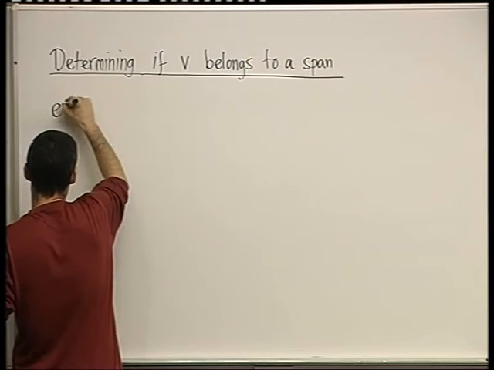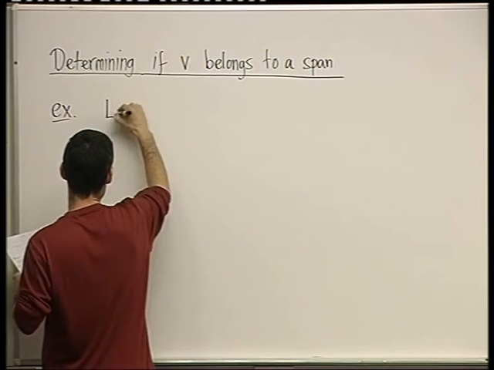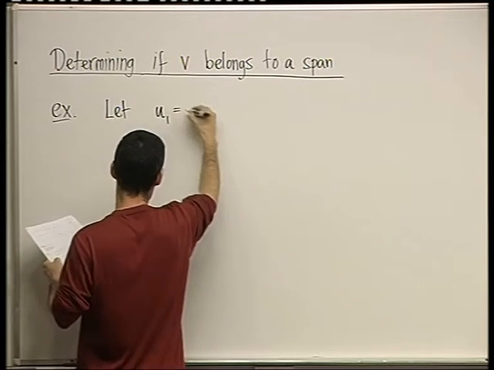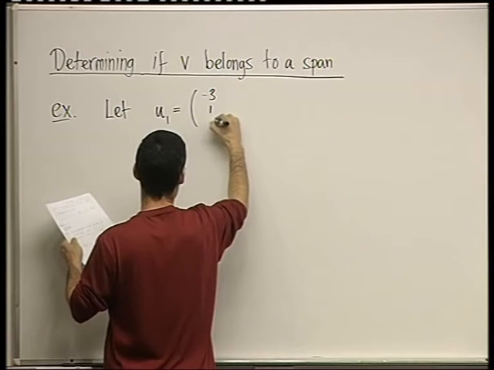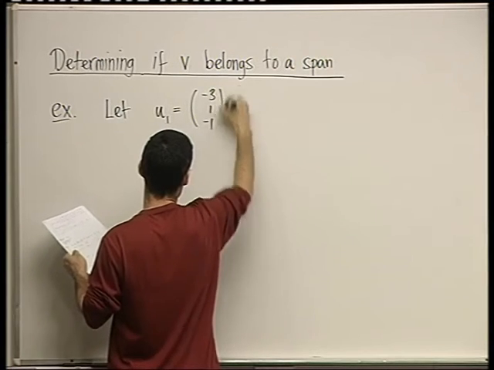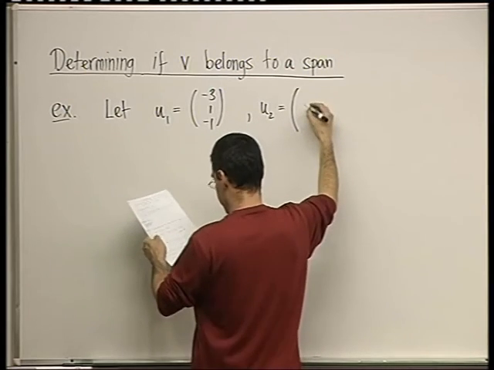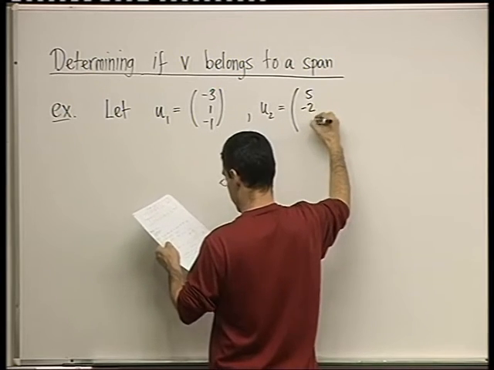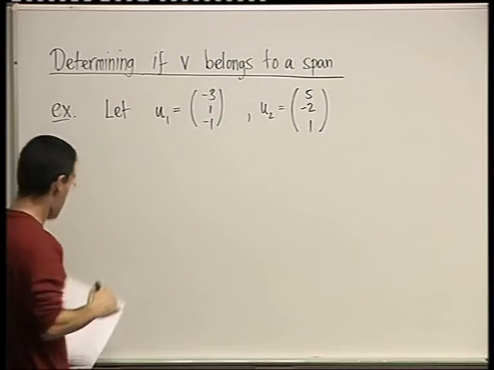So here's our first example. Let u1 be the vector negative 3, 1, negative 1. So this is a vector in R3. And u2 is going to be the vector 5, negative 2, 1. Two vectors.